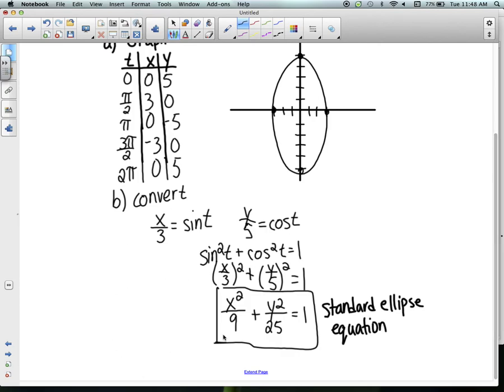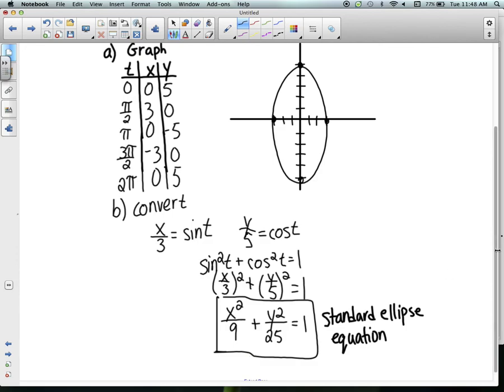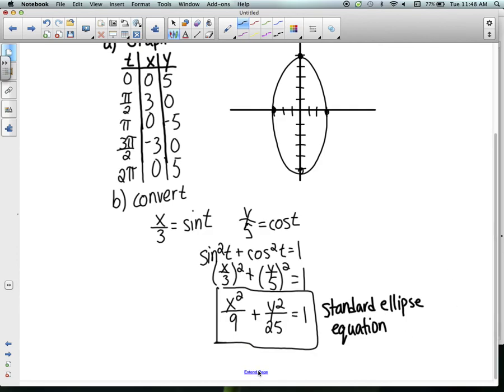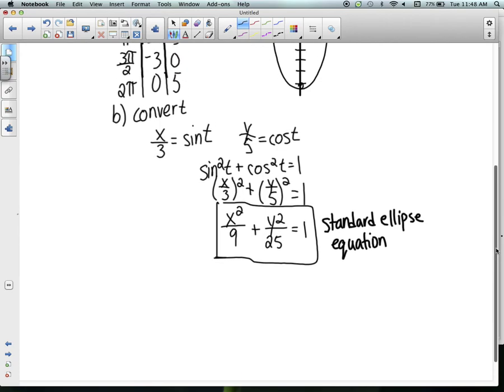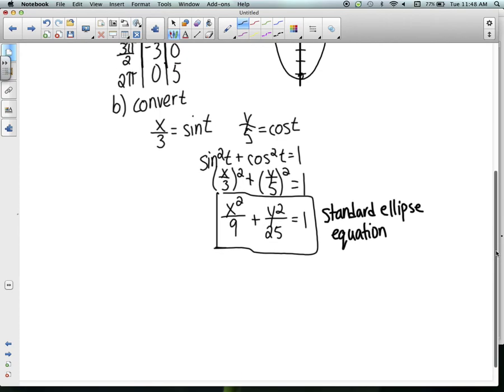Technically, you don't need to do the domain and range, but this is something that you're going to be asked on every converting and graphing question. Because the ellipse, domain, and range actually is what you're seeing, I'm still going to write it.